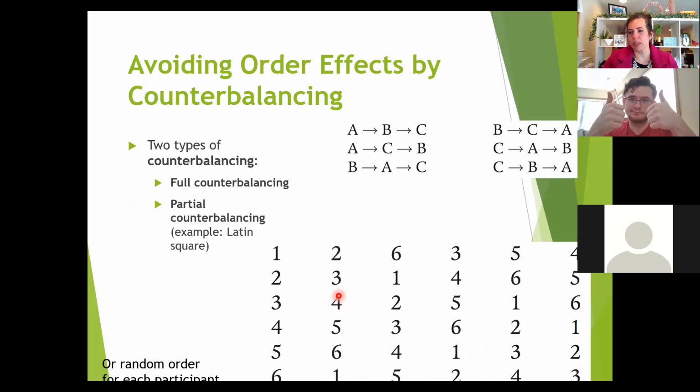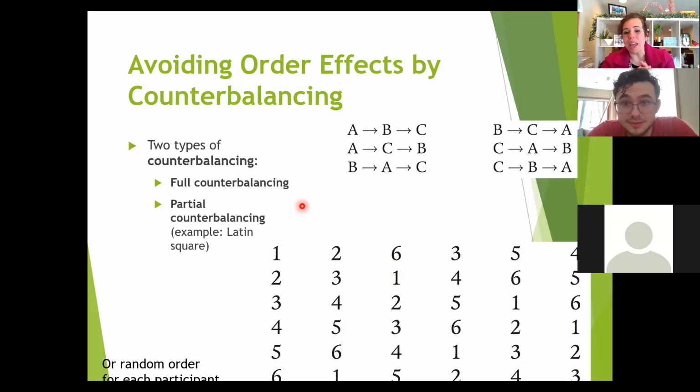Hopefully kind of a no-brainer with that. All right, to avoid order effects, you can look at counterbalancing, okay? So that is thinking of every single other possibility and how you could order a test so that you have some participants take all versions of this counterbalancing. So full counterbalancing is coming up with every single possibility, and all of those are given to your participants.